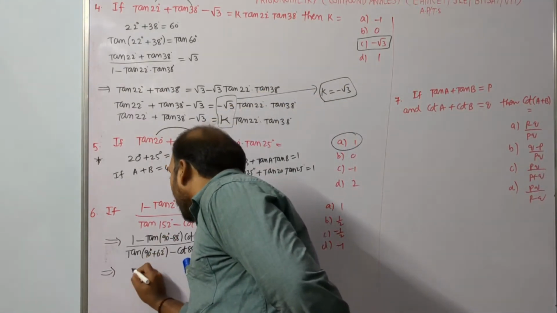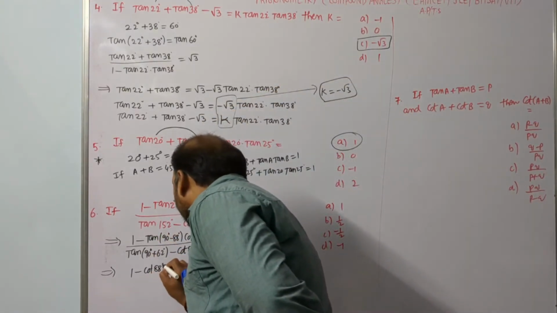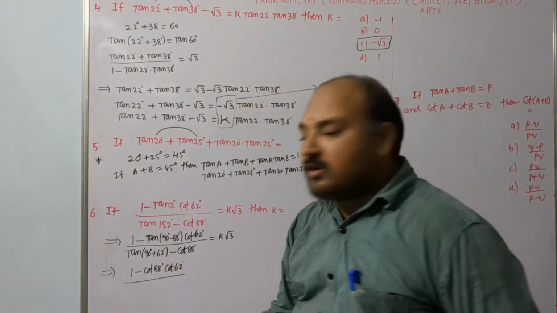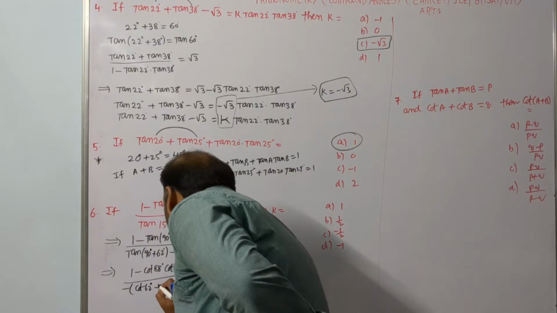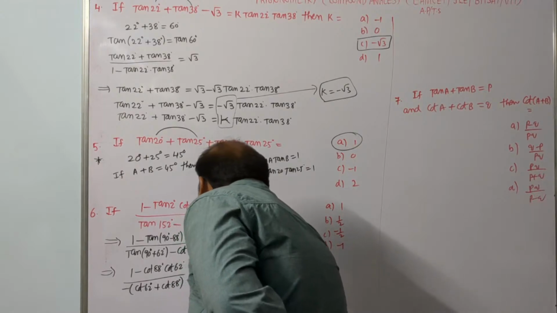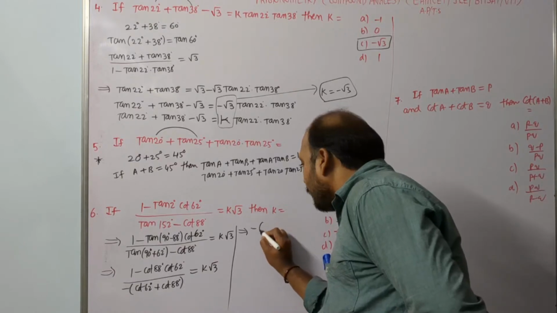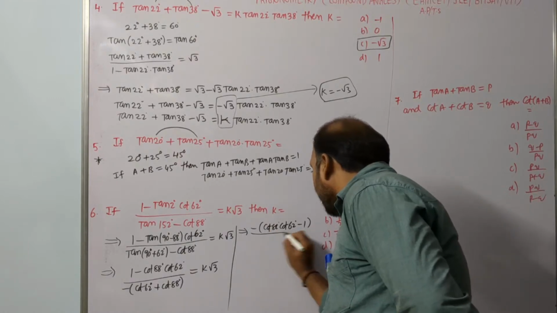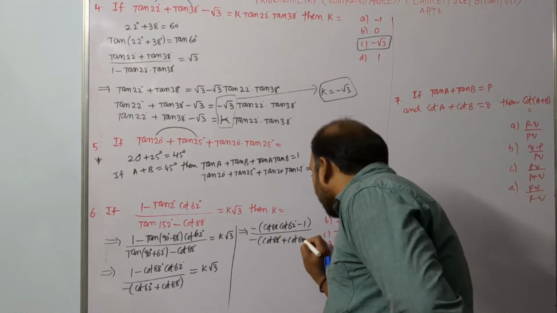Now 1 minus tan of 90 minus theta is cot theta, so cot 88 into cot 62, divided by tan of 90 plus theta, which is minus cot theta, so take minus common: cot 62 plus cot 88 is equal to k into root 3. Even in the numerator, taking minus common: cot 88 into cot 62 minus 1 divided by minus of cot 88 plus cot 62.